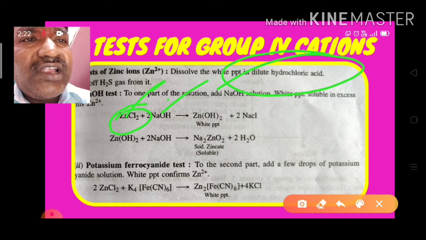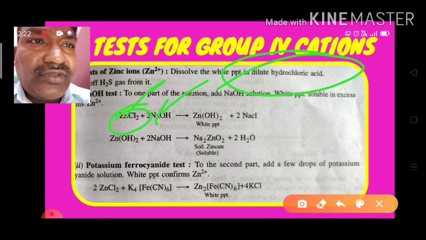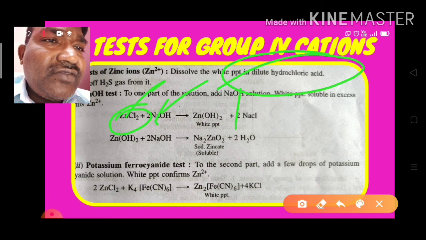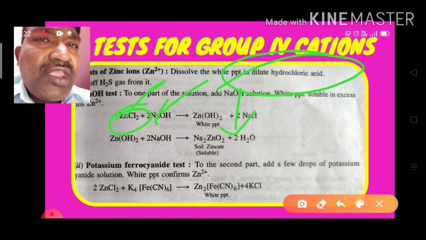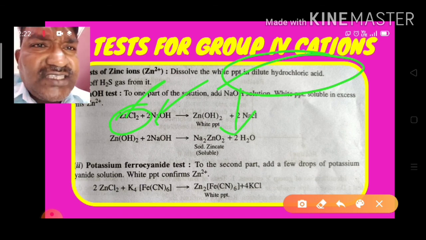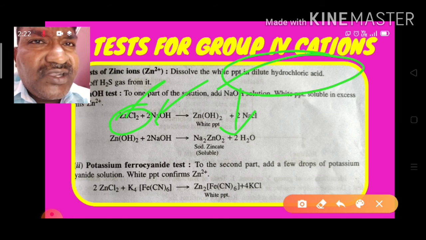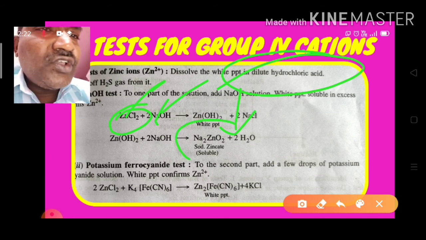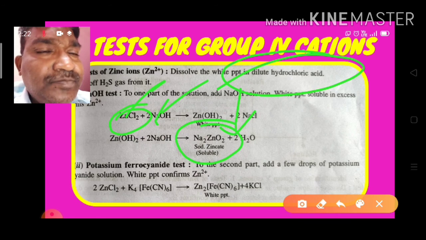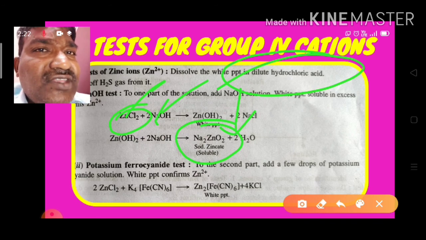Then we add sodium hydroxide. We get the white precipitate, that is zinc hydroxide. If we add excess sodium hydroxide, that precipitate dissolves and we get sodium zincate, a clear solution. Aluminum also behaves in a similar way.